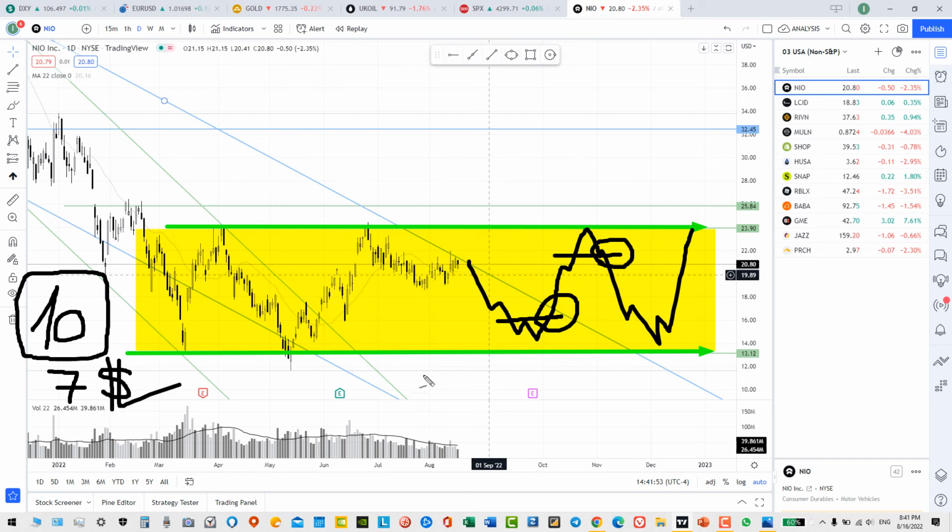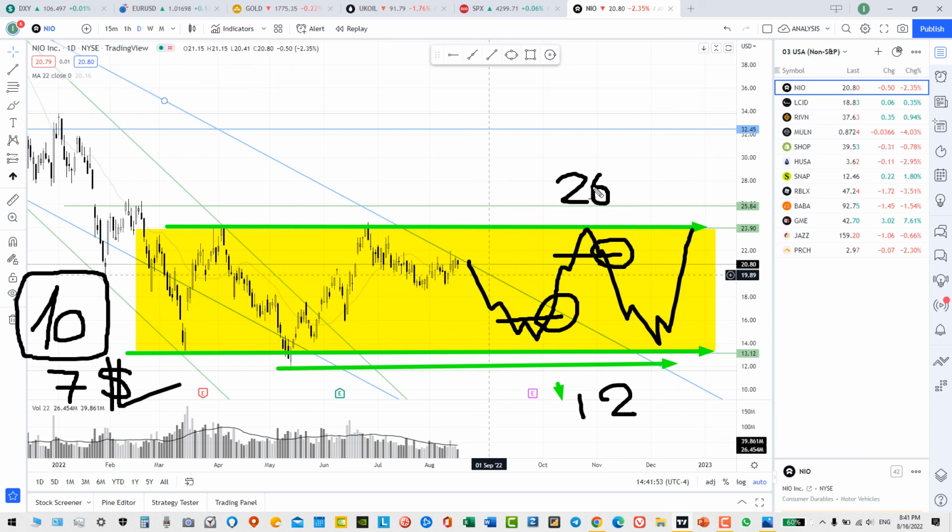Until then, keep in mind that for any potential virtual trading around $13, your stop loss should be just below $12, and if you do some virtual trading by going short around $24, your stop loss should be just above $26.